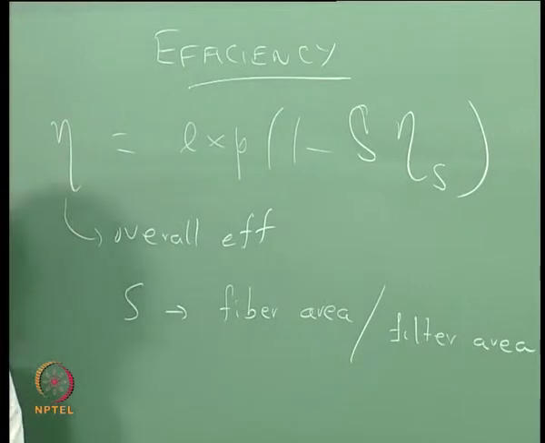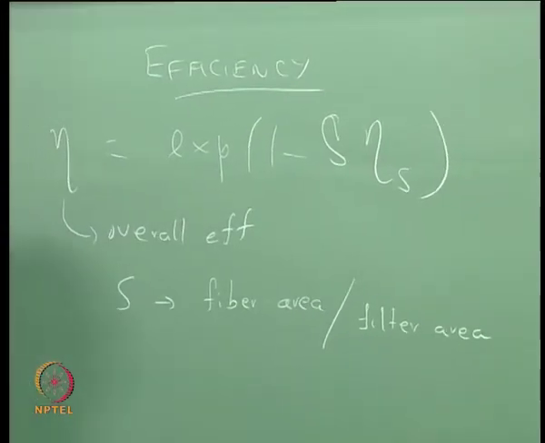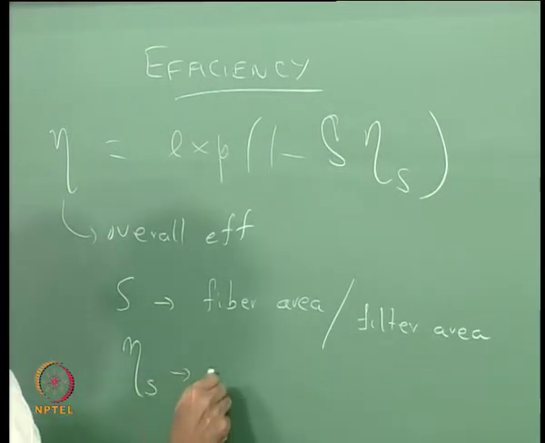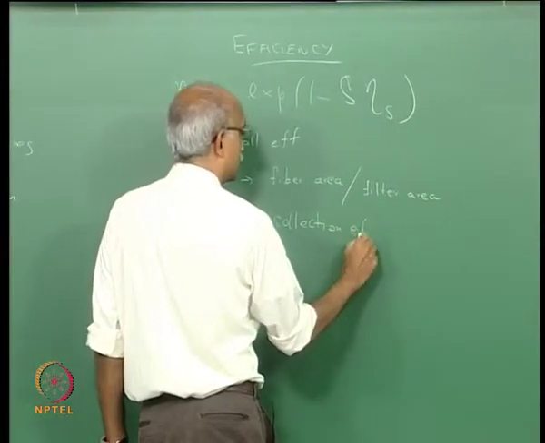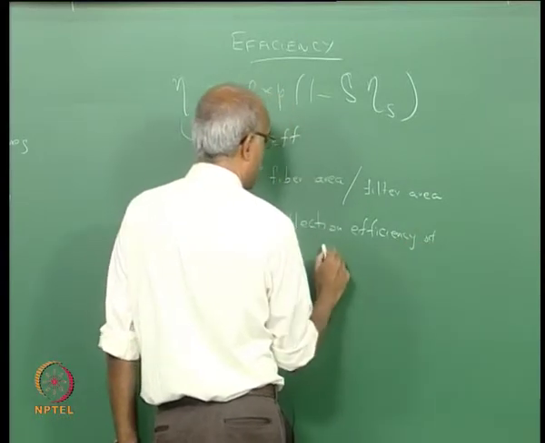That is, what fraction of the total area of the filter medium is actually the area of the fiber itself, and eta S is the collection efficiency of a single filter.